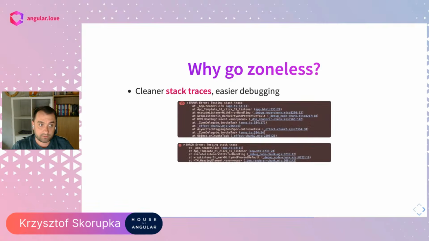And the other reason is that our stack traces are polluted. I believe all of you, when we see some errors in our application code, have seen this type of thing. This is a very simple example, right? It's really just a click handler throwing an error, but you already see the difference. If there is something multi-level, which comes from various asynchronous tasks, these Zone.js callbacks can be really huge.